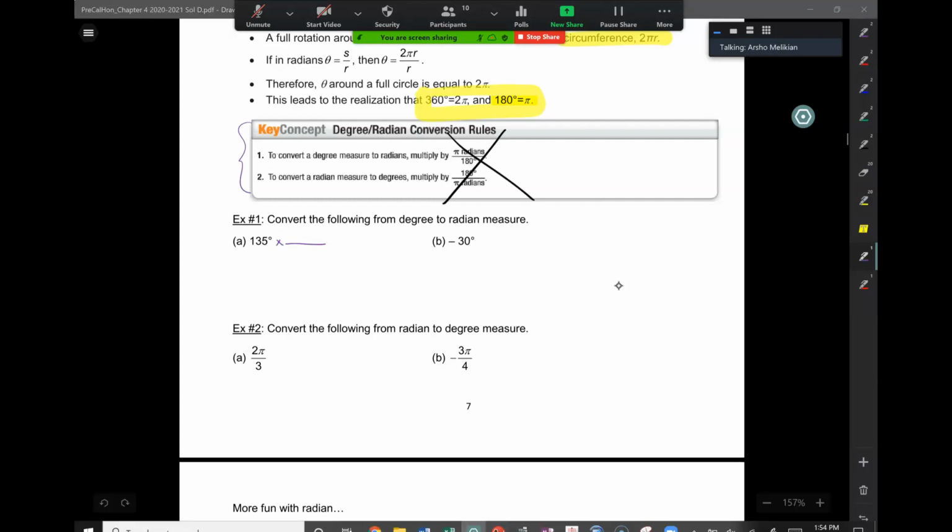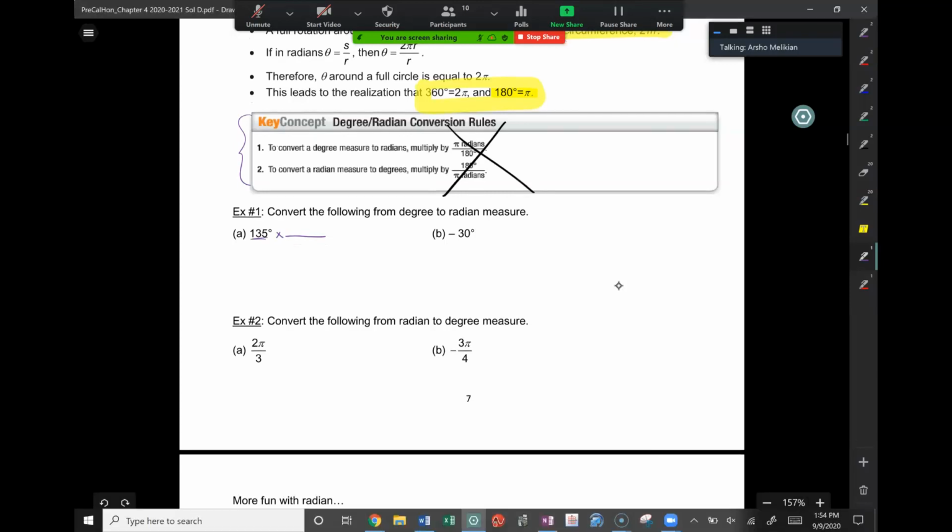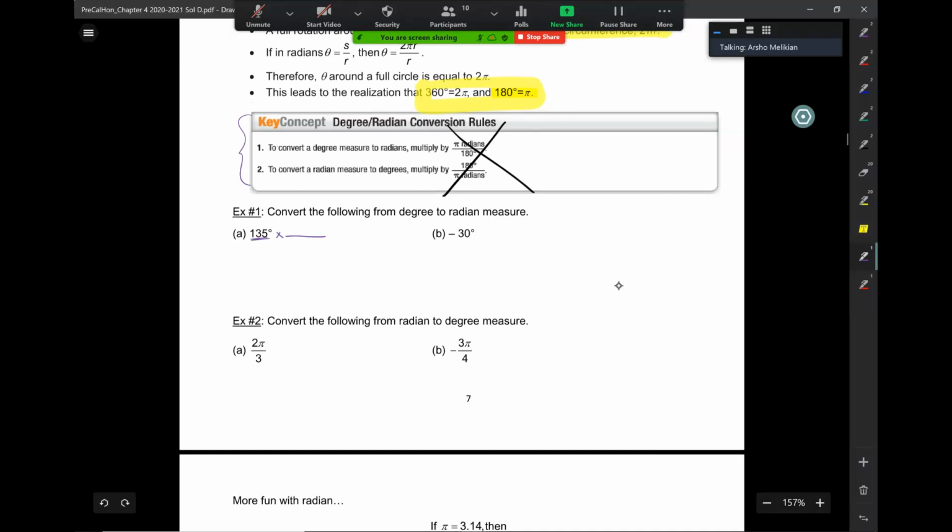So, in my problem, degrees is in the numerator, so in my conversion factor, degrees goes in the denominator, and pi goes on top. Now all I need to do is simplify, and I get 3 pi over 4. It's just like algebra 2.